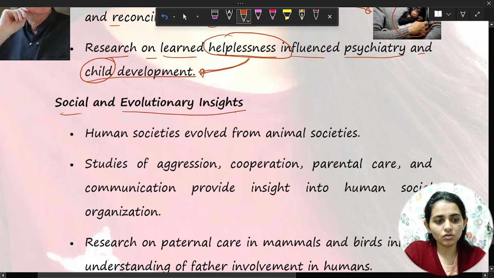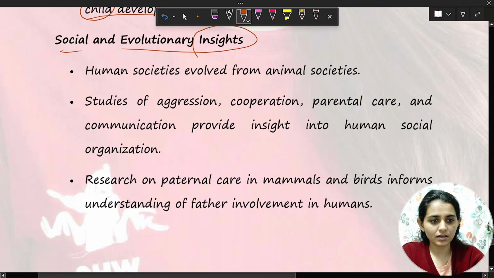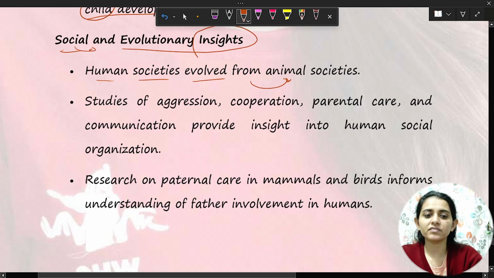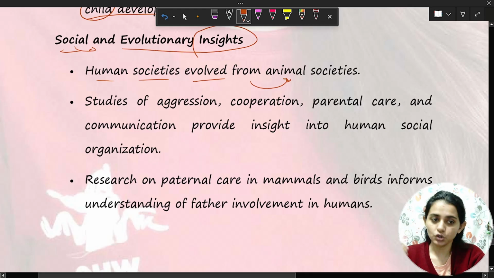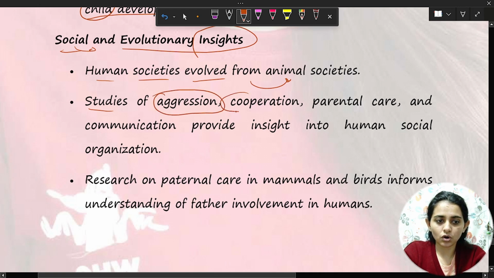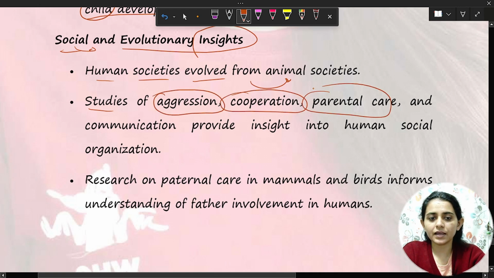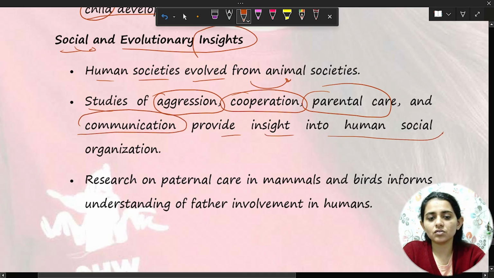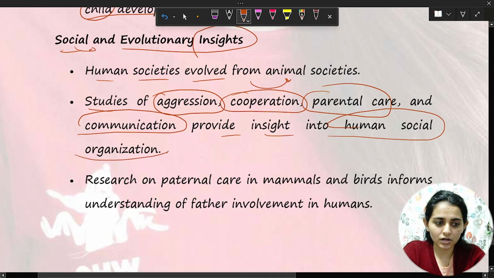Social and evolutionary insight: what is the evolutionary insight of social interaction? Human society evolved from animal society, because we were animals before we became human. So the study of aggression, cooperation, parental care, and communication provides insight into human society and organization.